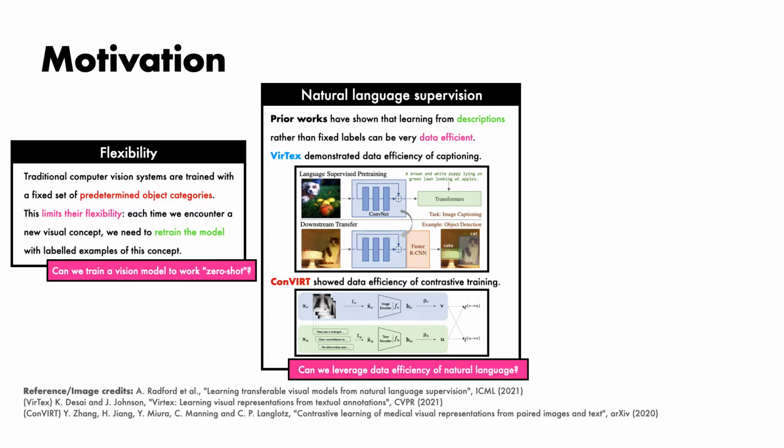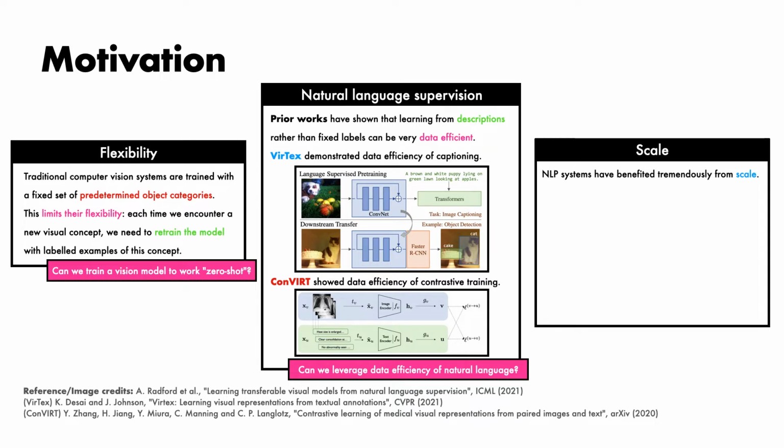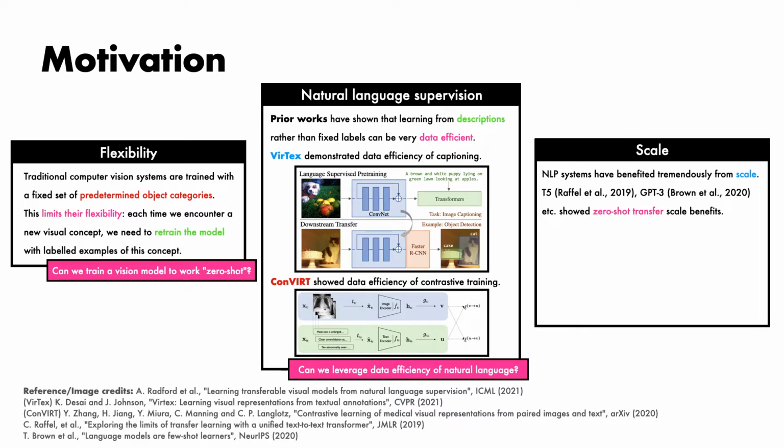A third observation is that natural language processing systems have benefited tremendously from scale. Systems like T5 and GPT-3 have shown that with large-scale training, zero-shot transfer becomes practical, illustrating that noisy web-scale supervision seems to surpass manual curation for NLP datasets.